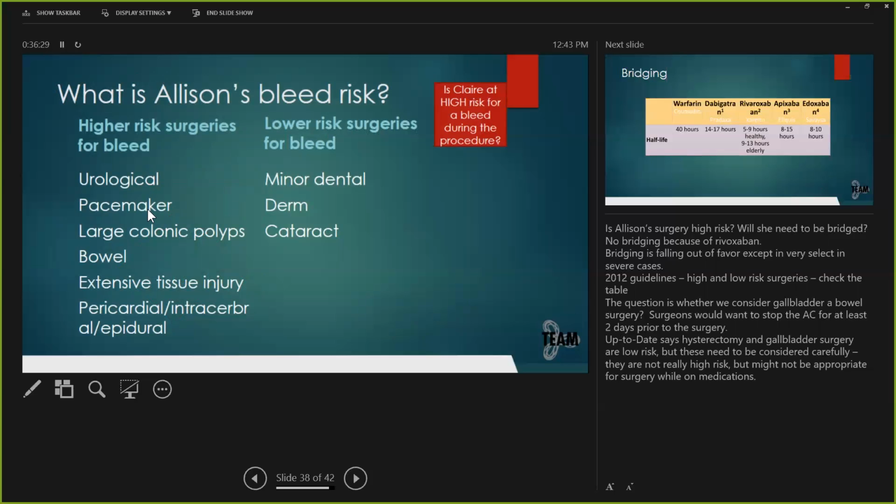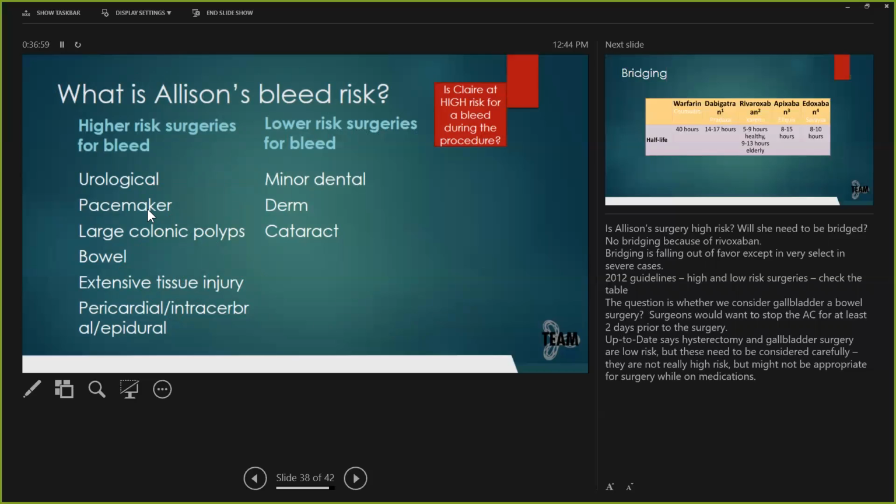The high risk surgeries are like any urologic surgeries, pacemaker, large bowel colon polyps which need to be removed, or extensive tissue injury, such as pericardial, intracerebral, epidural. Hysterectomy and cholecystectomy are considered low risk, but you need to consider those two procedures very carefully because it's hard.